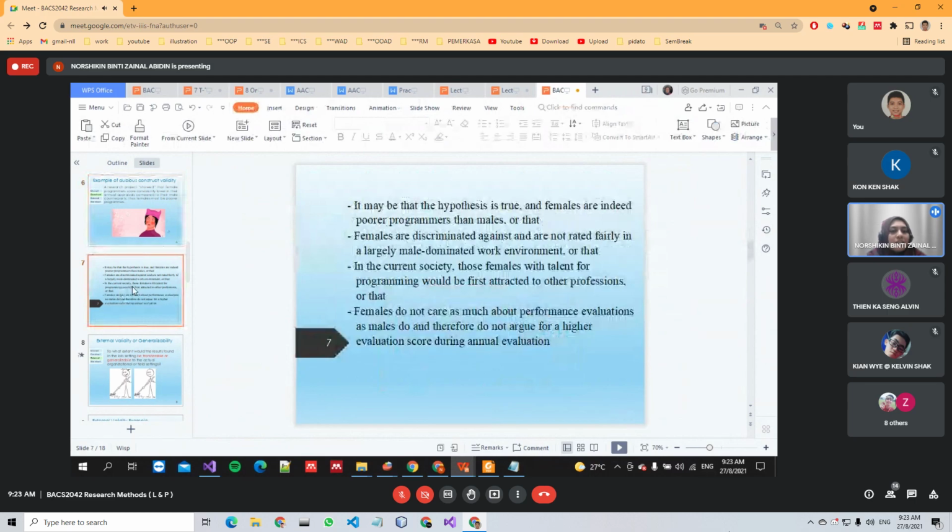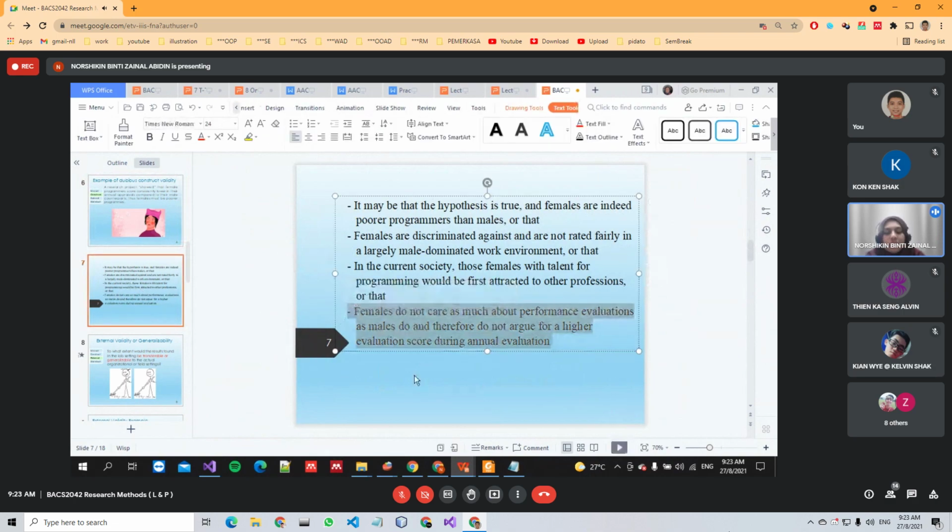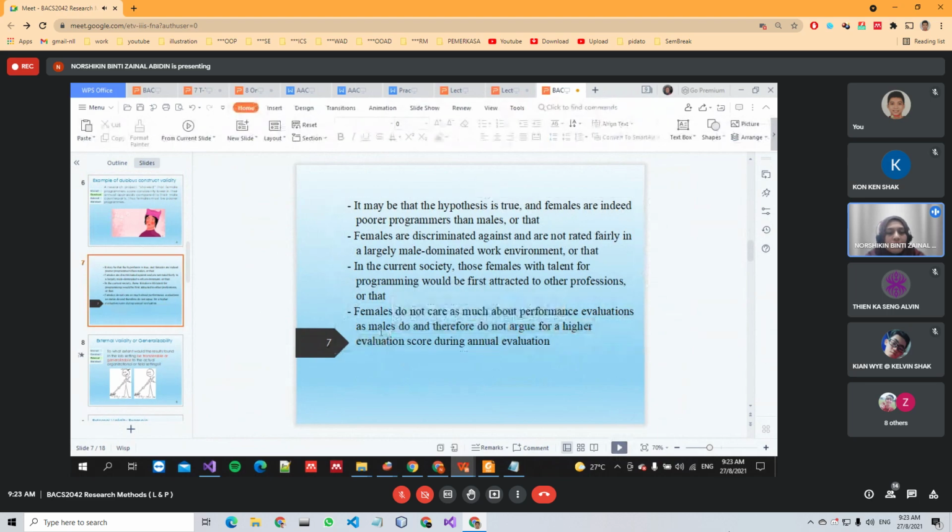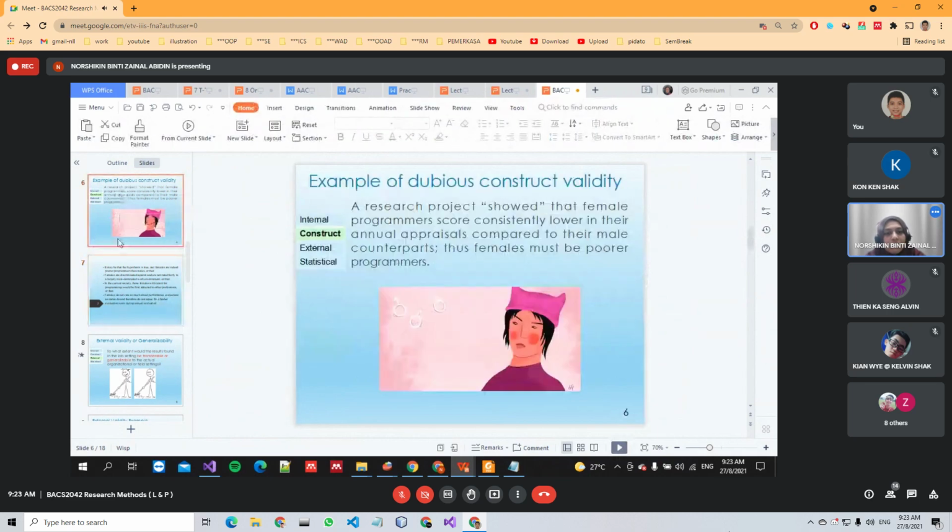Of course, like I said, it can decide our increment in a year, so of course we care. However, this is just a point for us, so it can be a reason. So behind this statement, of course there is a reason. That one is construct validity.